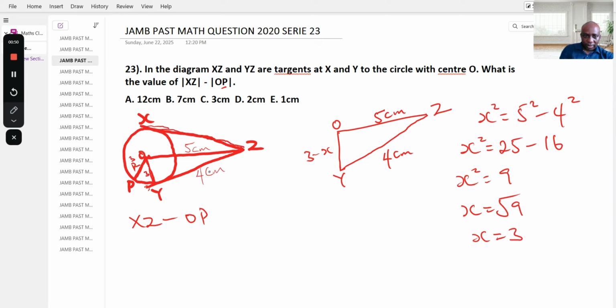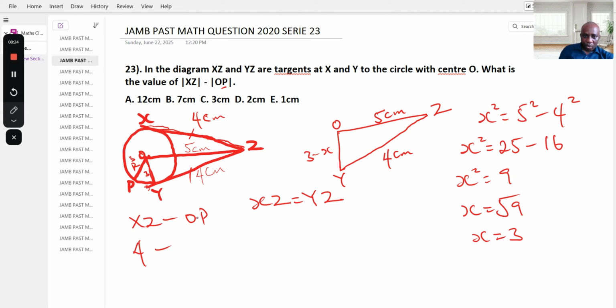XZ equals the same thing as YZ, because they are isosceles. Let me just put a mark there. They are the same thing. If YZ is 4 centimeter, XZ will also be 4 centimeter.